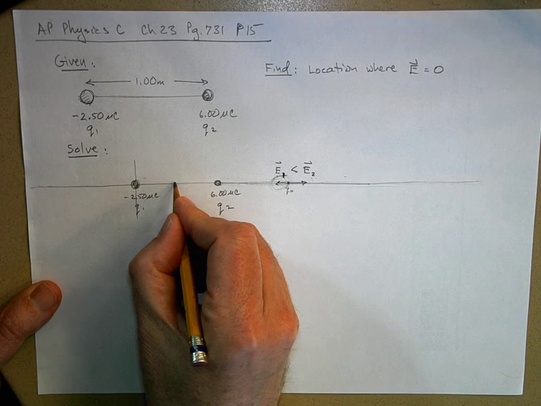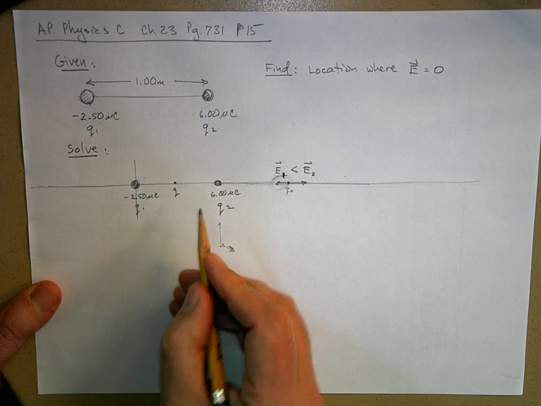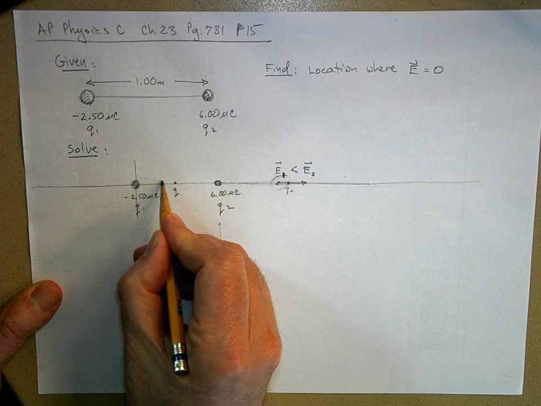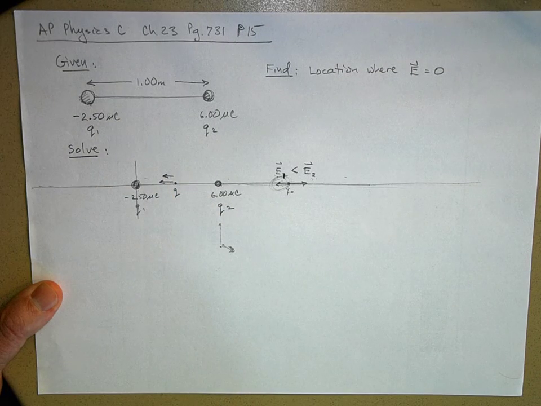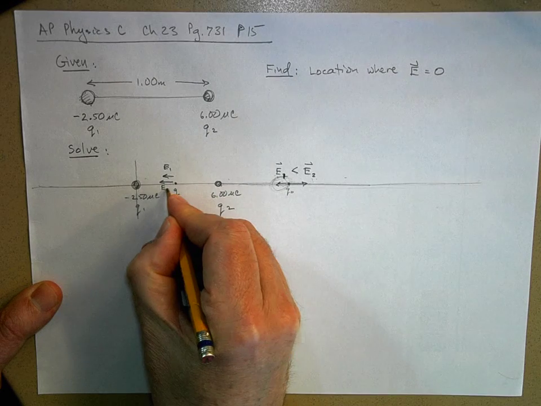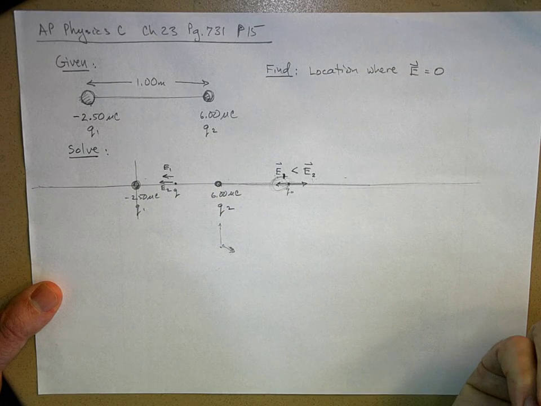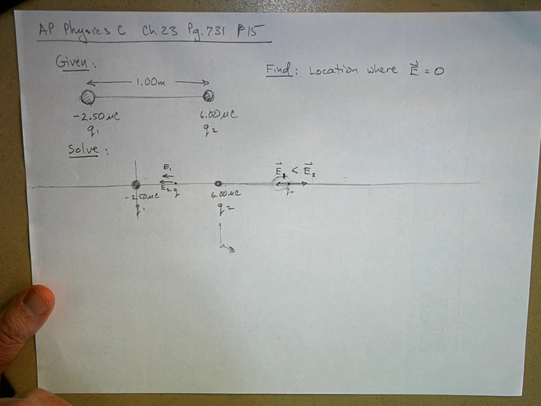Well, let's put a positive charge in between them. And now, here's the problem. If I look at the E field from 2 and the E field from 1, they're both going to be to the left. So they're always going to add up. They're never going to cancel each other out. So there's no region in space in between them where the field will be 0.